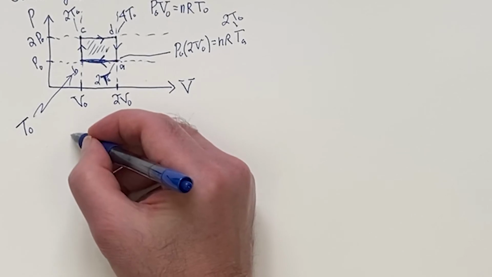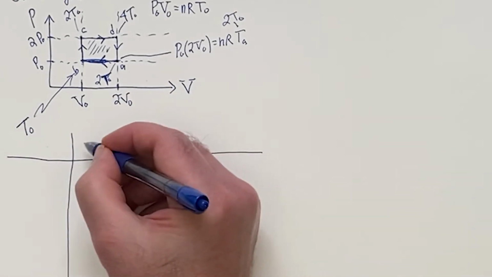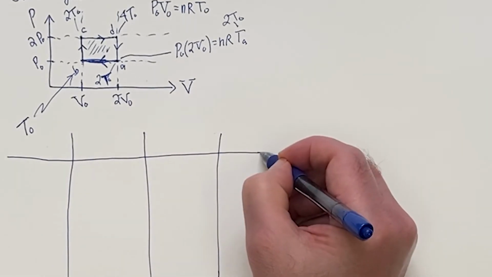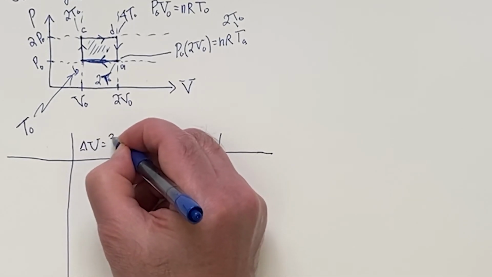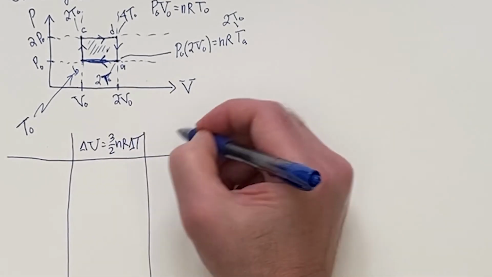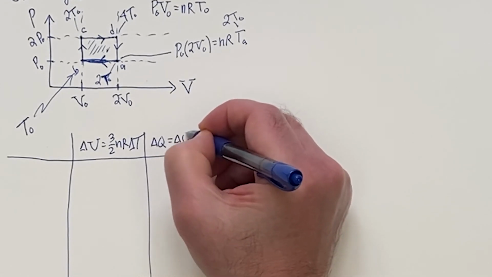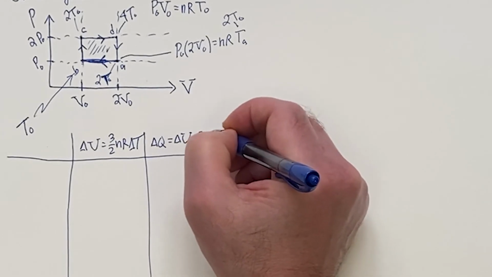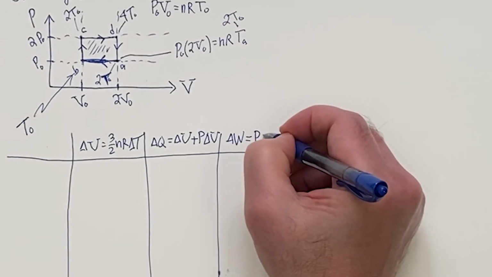So what we do is we make now the master table. The master table where we have here the change in internal energy, which is going to be 3/2 nR delta T, and then the change in the heat, which is the formula we had before, delta U plus P delta V, and then the work is PdV.